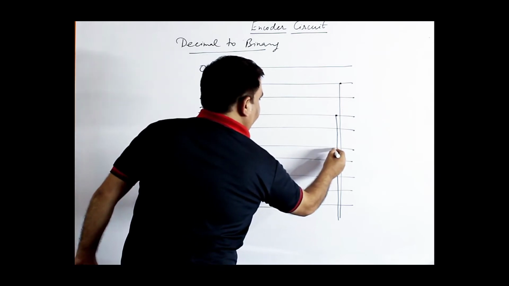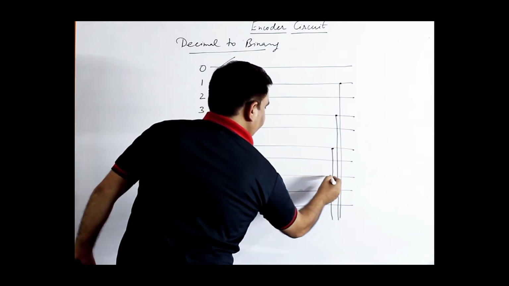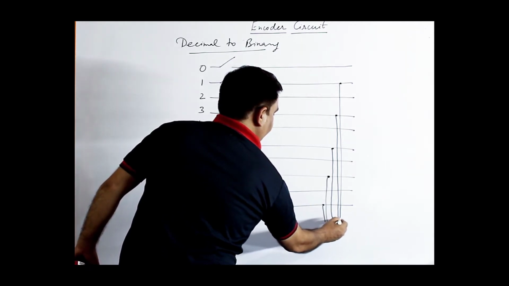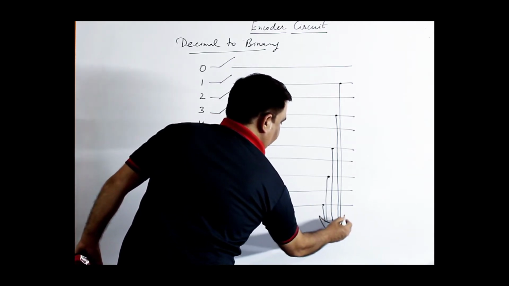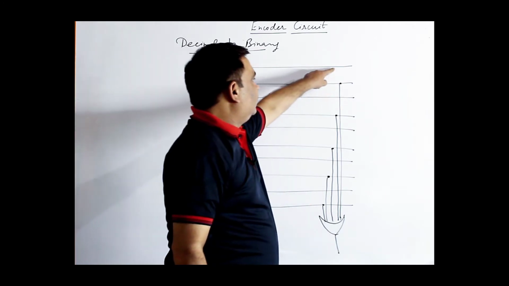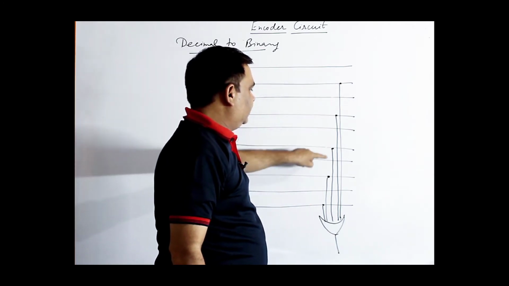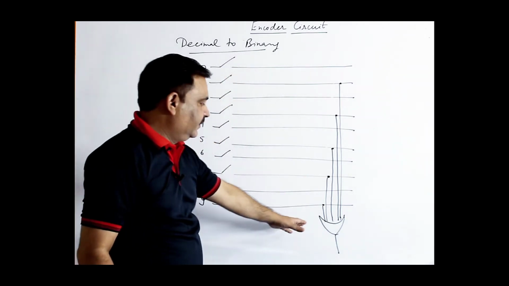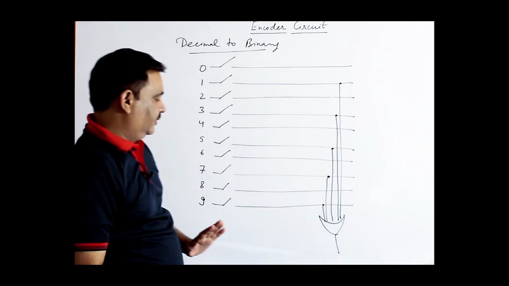So connect alternate wires. As you can see, it is 0 and 1, and connect with the OR gate finally. It is 0, 1, 0, 1, 0, 1, 0, 1, 0, 1. In such a way you can learn this and draw this and finally connect with the OR gate.